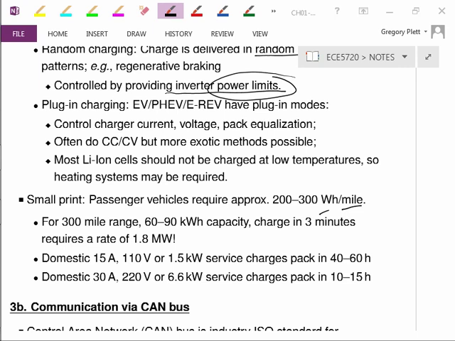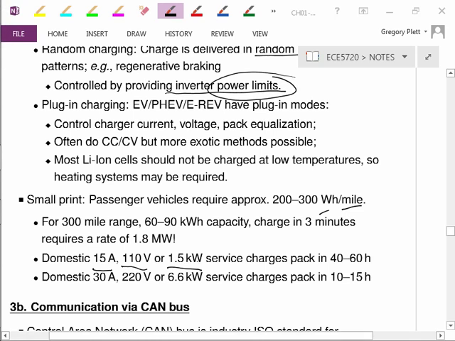To give you an indication of what is presently done, what's a little bit more practical, the wall socket in your house is usually a 15 amp rated circuit, maybe a 20 amp in some cases, about 110 volts. If you multiply those out, you get roughly 1.5 kilowatts. That's a hairdryer. That's a pretty big hairdryer.